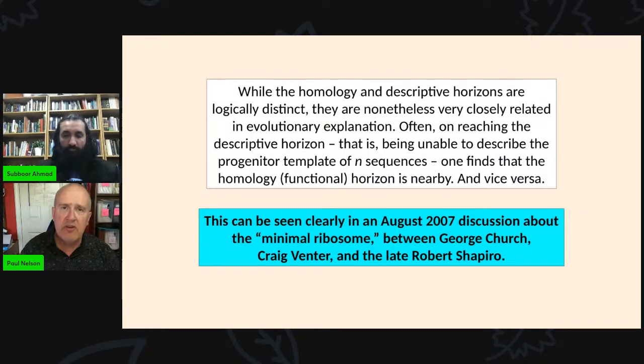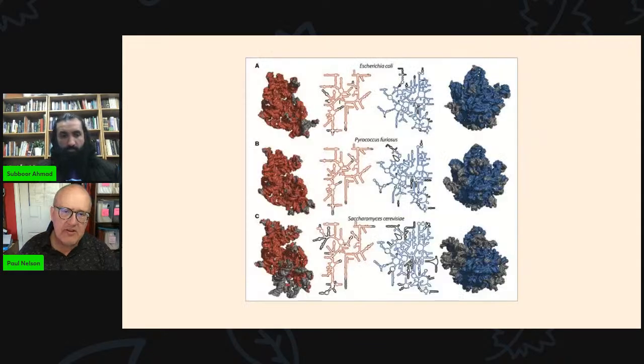And you can see this in a very interesting discussion that occurred 16 years ago between George Church at Harvard, the geneticist Craig Venter, and the late Robert Shapiro, who was an origin of life researcher at New York University, who died, I think, in 2011. But a fascinating discussion about the ribosome.